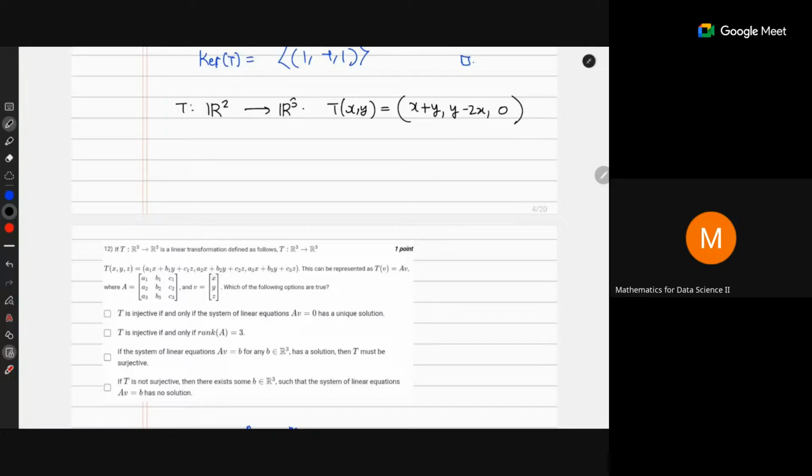Now you can check that this is a linear map. So T is linear, but not surjective.